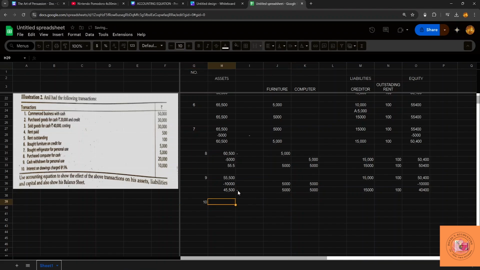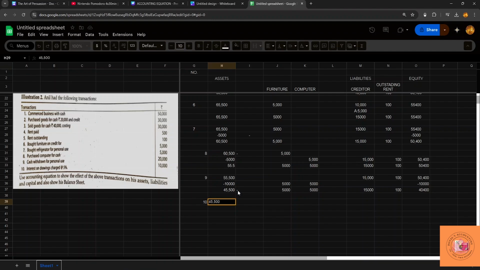Now the last transaction is interest on drawings charged at 5%. Our drawings are rupees 10,000. On 10,000 rupees, how much is 5%? 500 rupees, right?